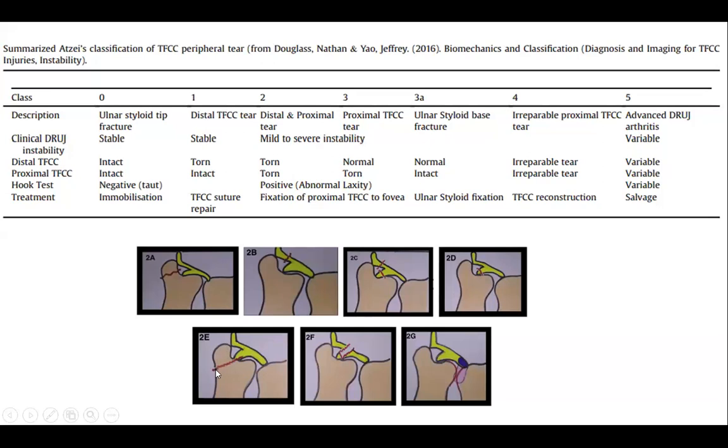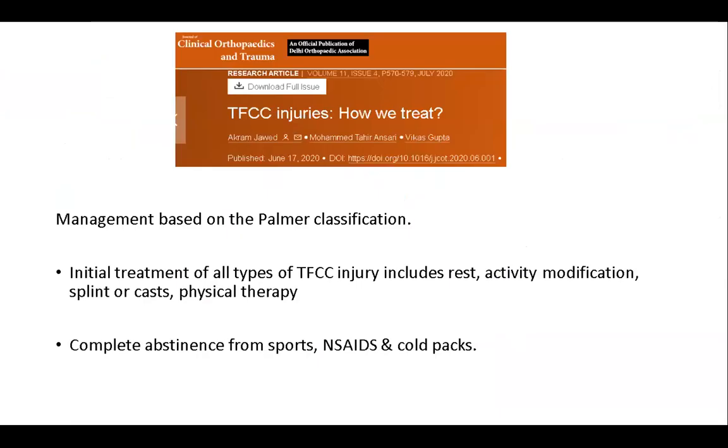Treatment is fixation of this ulnar styloid fragment. Type 4 is irreparable TFCC tear, and treatment is by TFCC reconstruction. Type 5 is DRUJ arthritis, and treatment is by salvage procedures. So this is the Atzei classification.